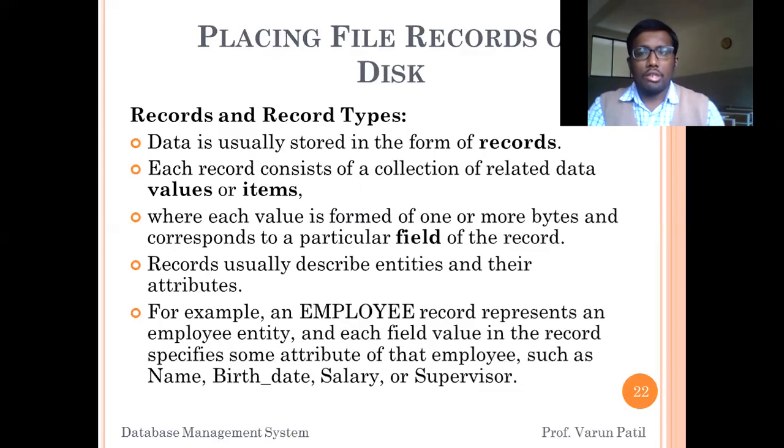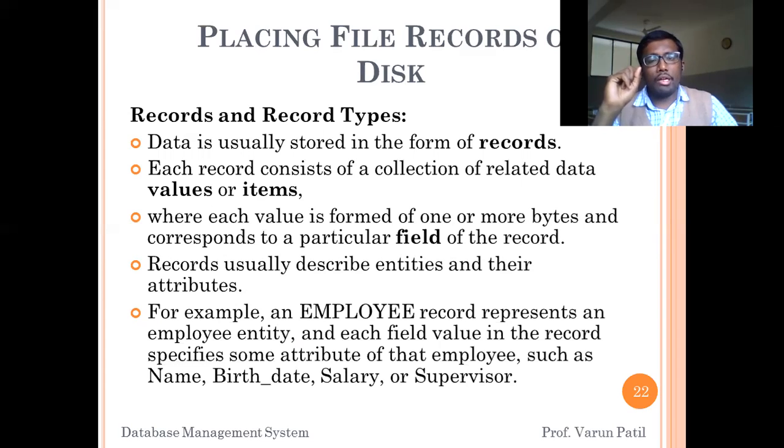So what is a record now? A record usually describes an entity and its attributes. Each record within your file describes what the entity is and what its attributes are.